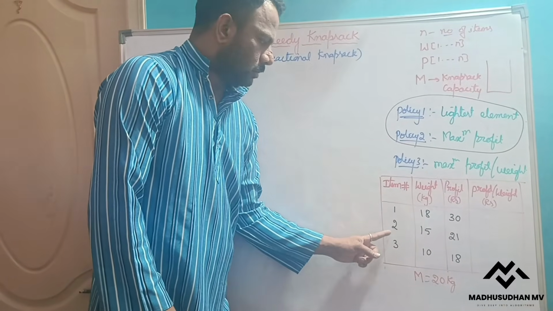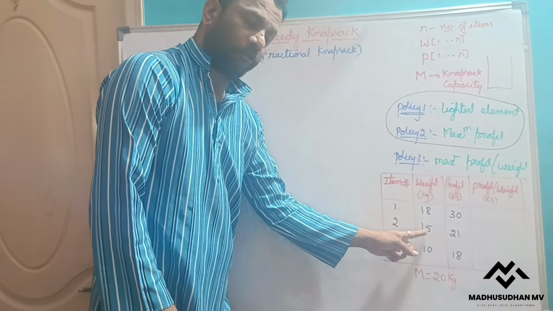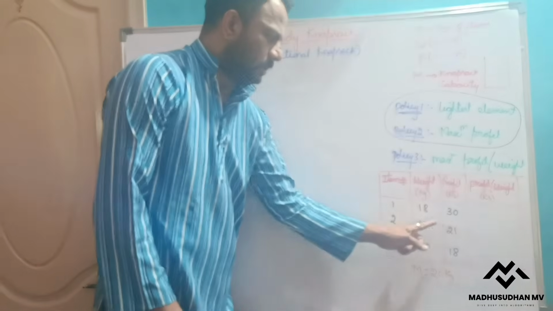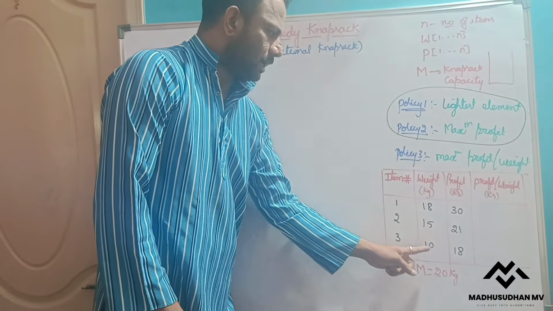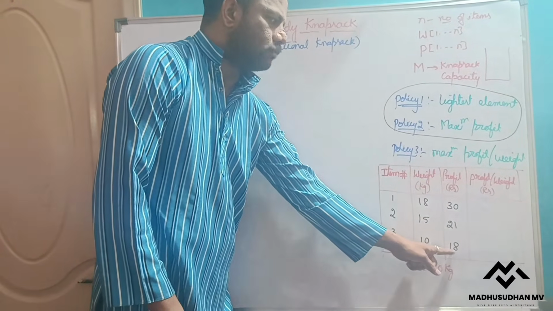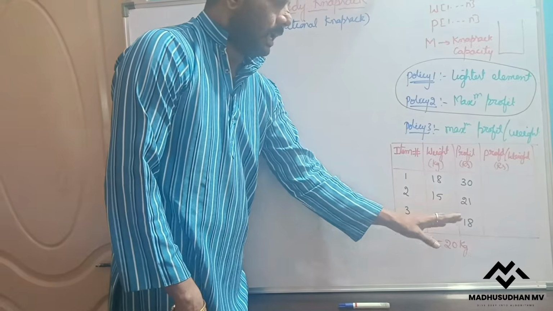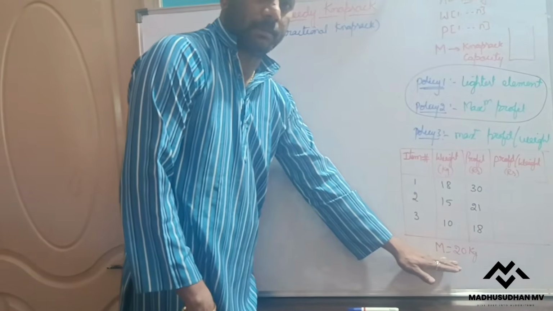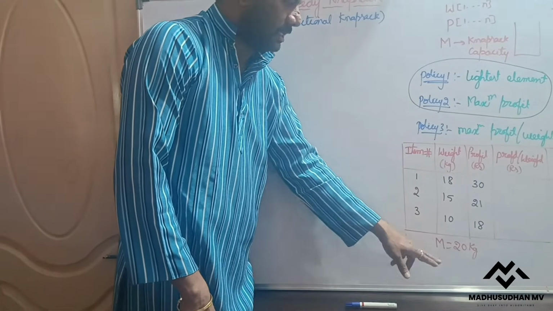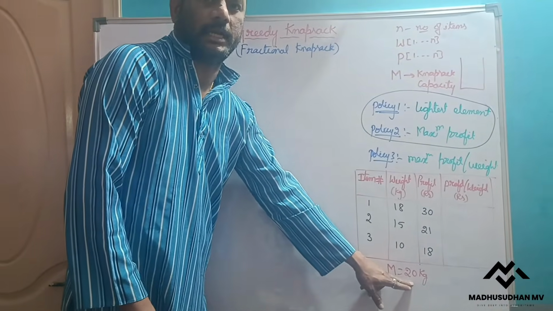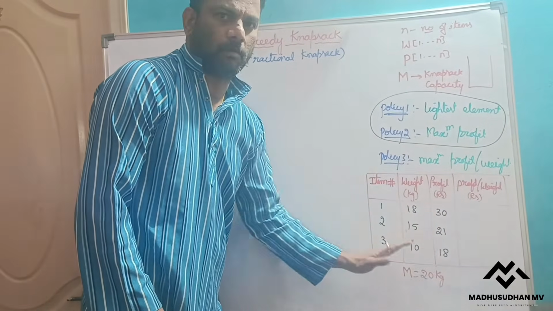Item 2 is 15 kg, with a profit of 21 rupees. Item 3 is 10 kg, with a profit of 18 rupees. The maximum knapsack capacity, the carry bag, is 20 kg. This is the problem given.